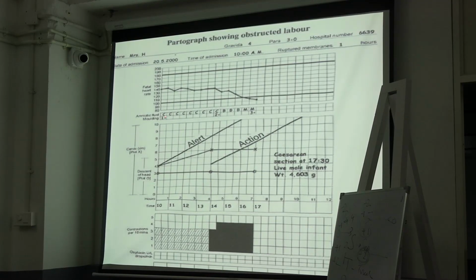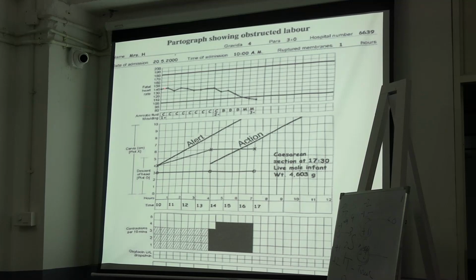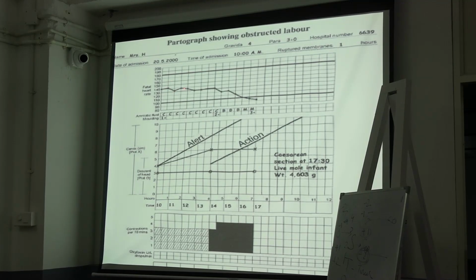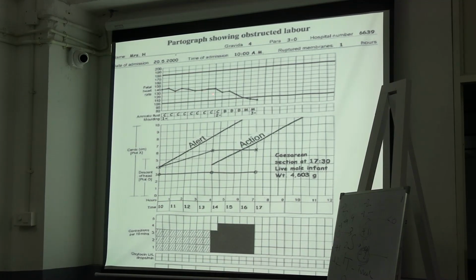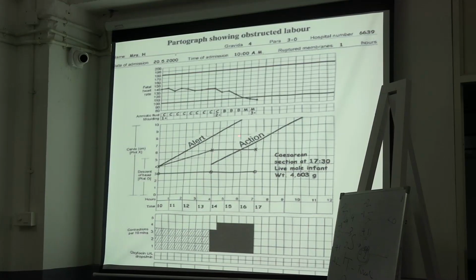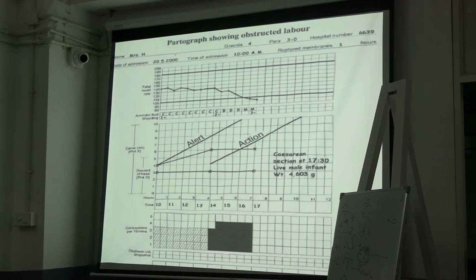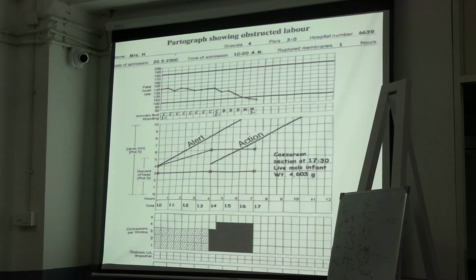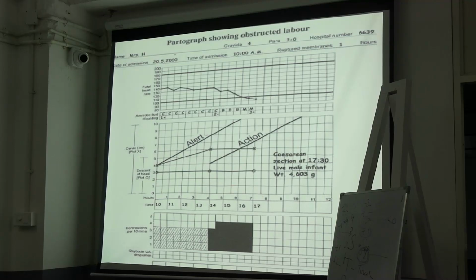And here liquor was clear. Fetal heart sound was 140, 130, here it was 130, and after 4 hours when we examined, the contraction was good, lasting longer, but dilatation was not good.